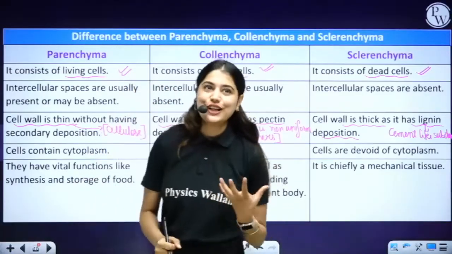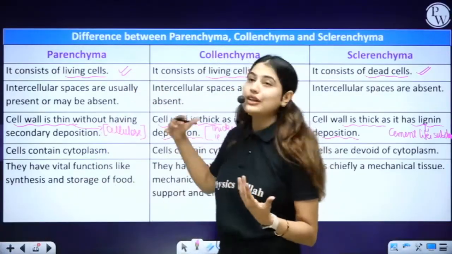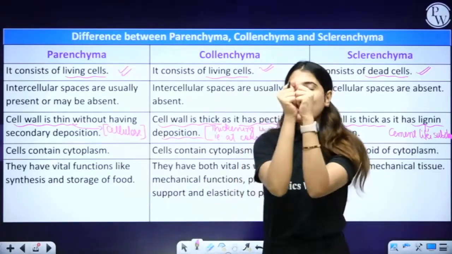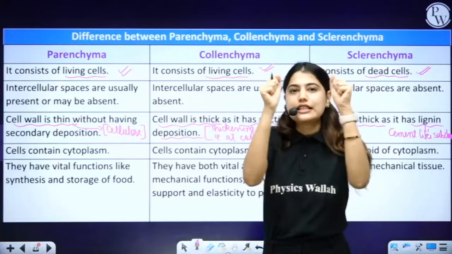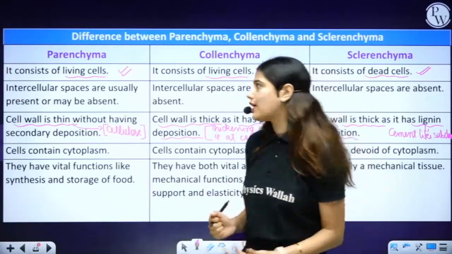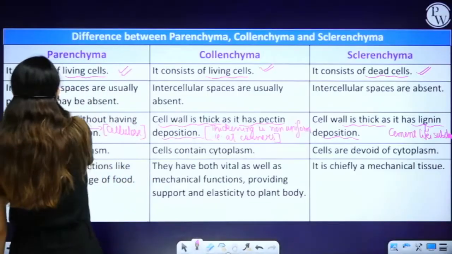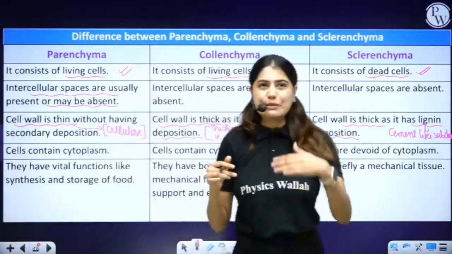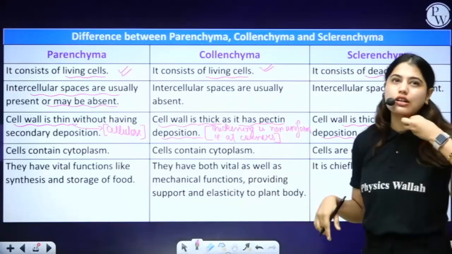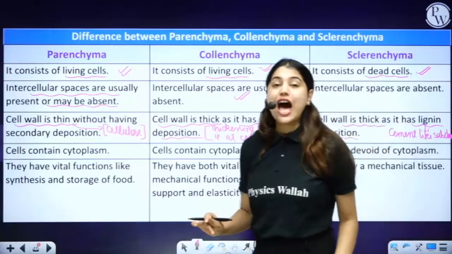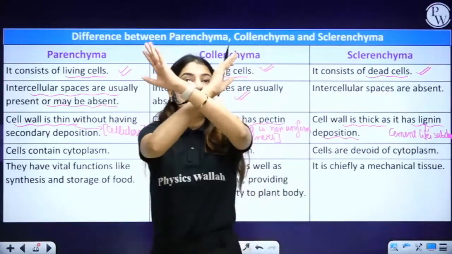Next, if we talk about the cell types of the parenchyma, they have some intercellular space between them. That is, they are somewhat loosely packed. So we are going to find the intercellular space. But in collenchyma, the space is very less or absent, and in case of sclerenchyma, the intercellular space is not there.